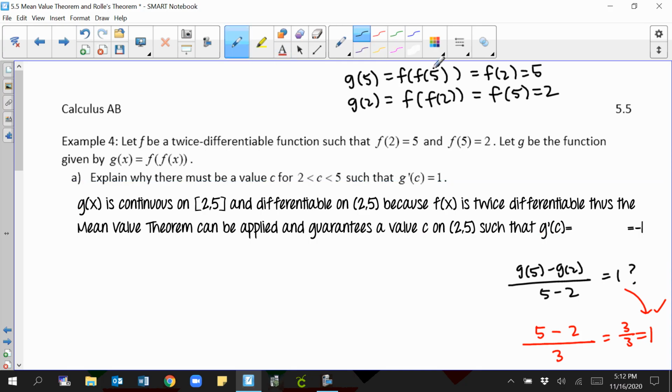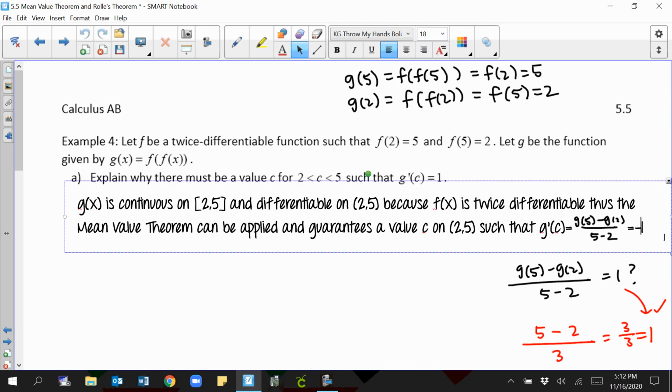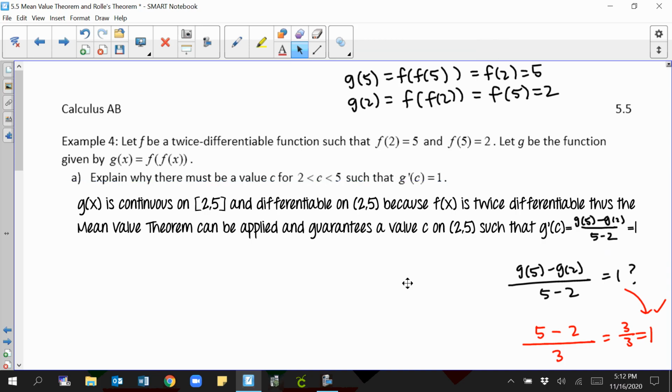I will write in the fraction because I can't really type in fractions here. So g of 5 minus g of 2 over 5 minus 2, and it equals our 1. So that would be our part A right there. Explain why that has to happen: it is because of our mean value theorem.